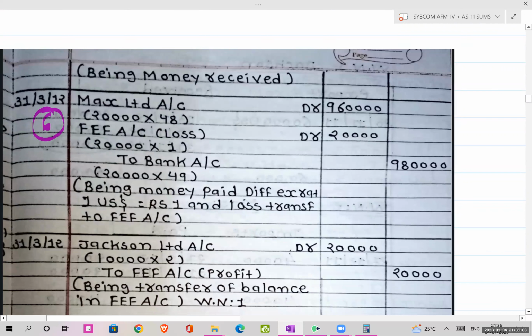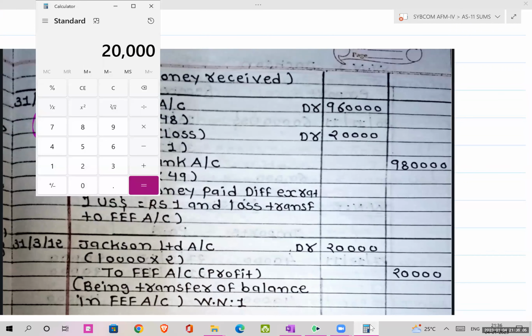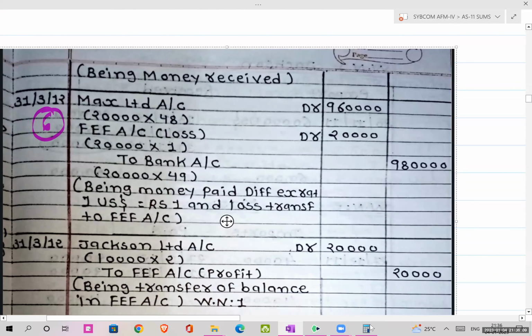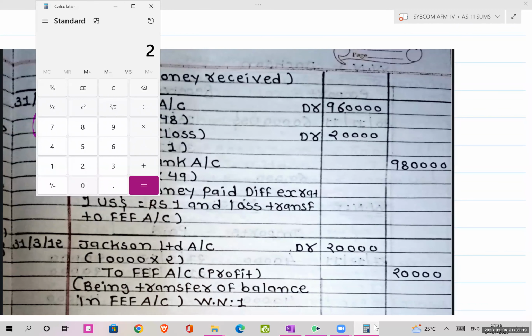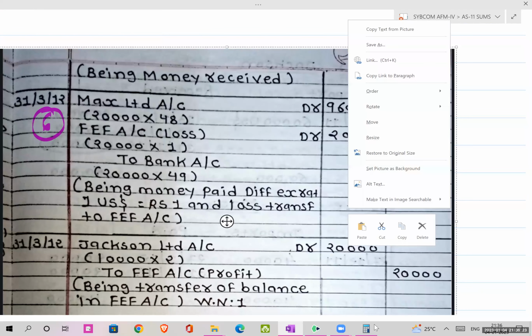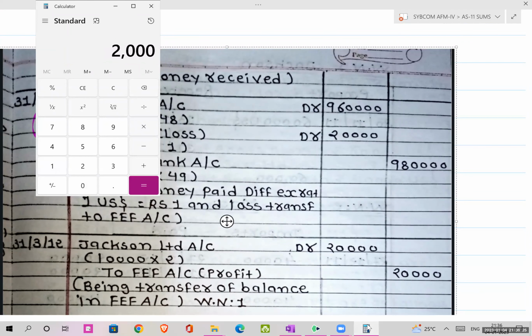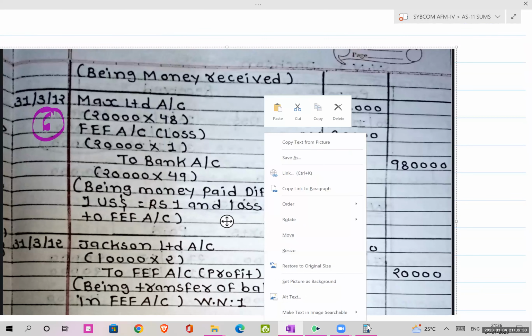So 20,000 US dollars into 48 rupees that day, 9,60,000. $20,000 into 1 rupee loss, and 20,000 into 49, 9,80,000.